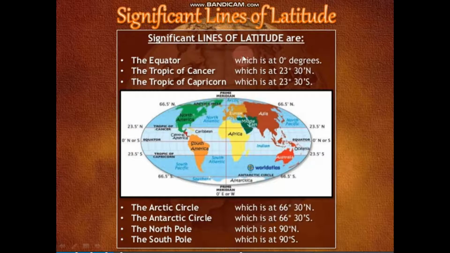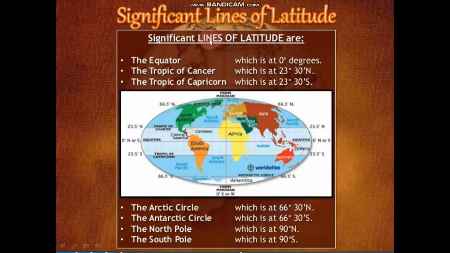Now significant lines of latitude: equator 0 degree, Tropic of Cancer 23.5 degrees north, Tropic of Capricorn 23.5 degrees south, Arctic Circle 66.5 degrees north and Antarctic Circle 66.5 degrees south, and North Pole and South Pole.